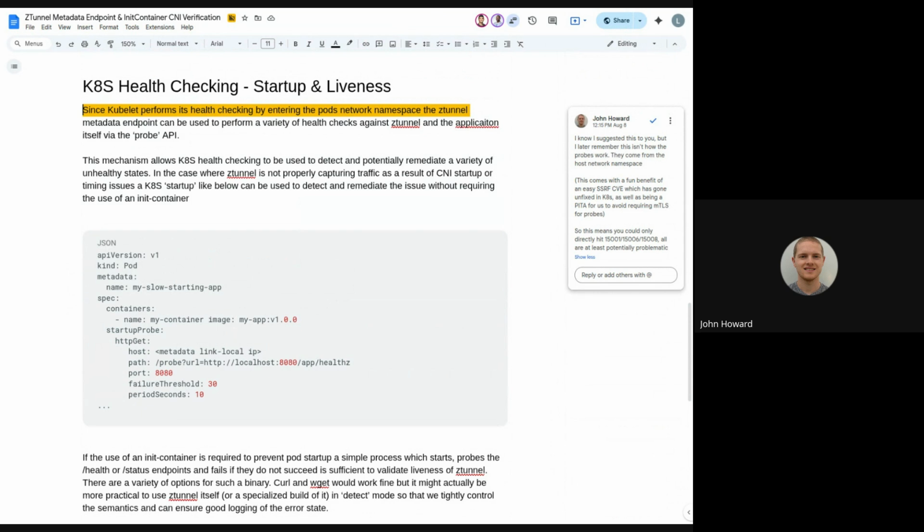Just routing is not sufficient. What if I have outbound traffic, right? Can you give me an example? Yeah.